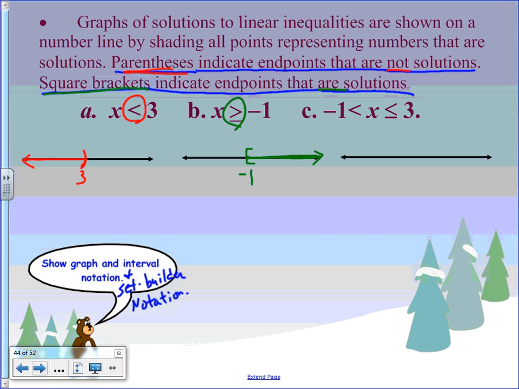And then the third one, C. -1 is less than x is less than or equal to 3. Okay, here is a solution set that's between two different points. So that means I have two critical points. -1 to the left, 3 is to the right.